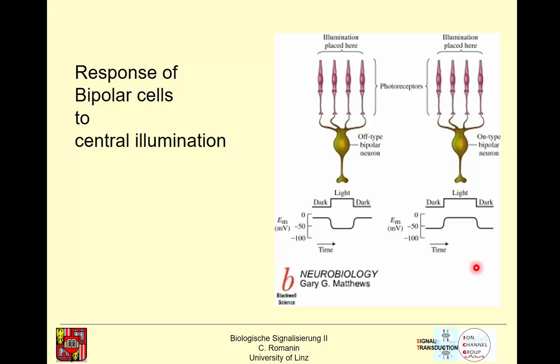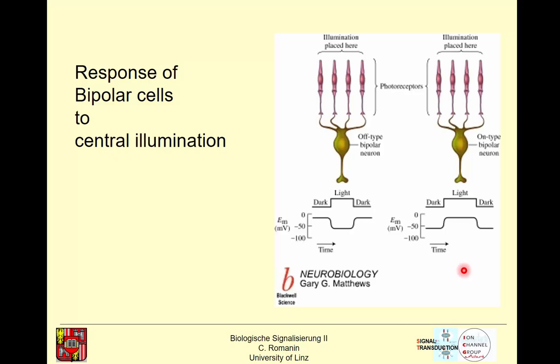So here in addition we have two types of cells. The one are called off-type bipolar cells, the other are called on-type bipolar cells. There is one main difference here. Whenever we have a central illumination, the off-type bipolar cells are in a depolarized state, which finally gets hyperpolarized, while the on-type bipolar cells are in a hyperpolarized state, but they in turn get depolarized.